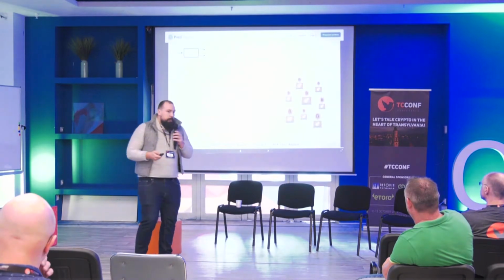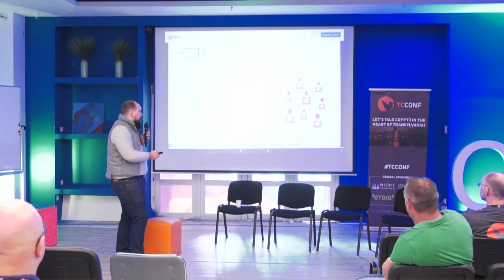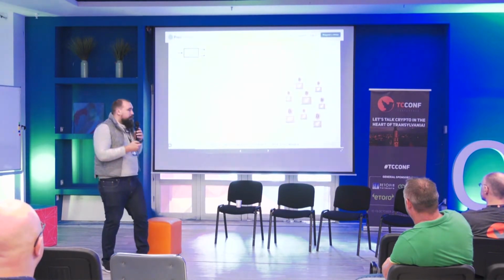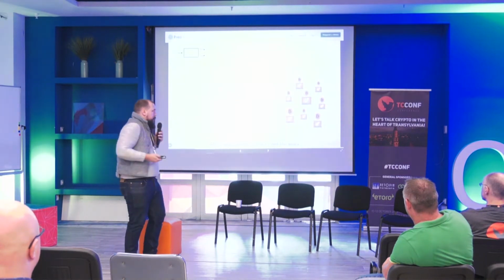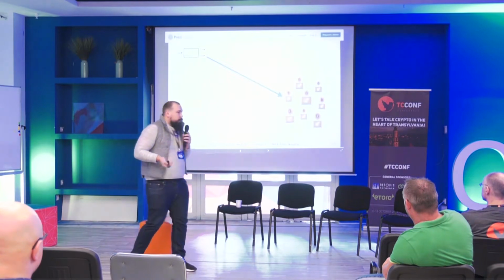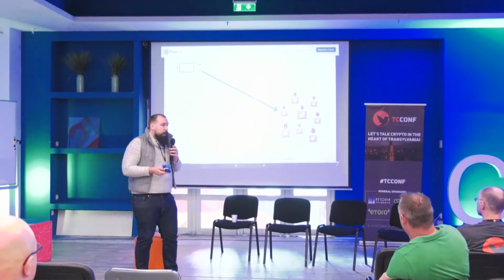But now we are talking about transaction broadcasting. So we have our transaction up there, and we have the Bitcoin network. How do we broadcast our transactions? We select a Bitcoin node, a full node, and we broadcast it to it.